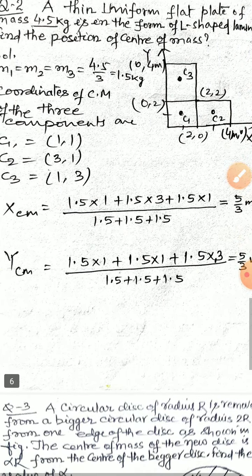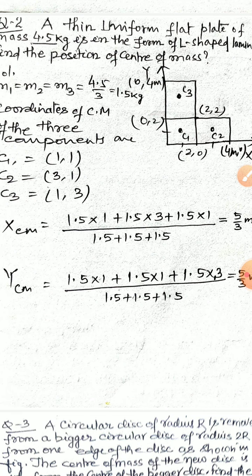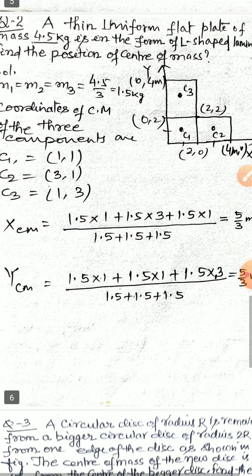A thin flat plate of mass 4.5 kg is in the form of L-shaped lamina, and the position of center of mass we have to find out. This L-shaped lamina, as given in the figure, may be divided into three equal parts, and let C1, C2 and C3 be the center of mass of the three parts, as it coincides with the geometrical center of the object being a geometrical shape.